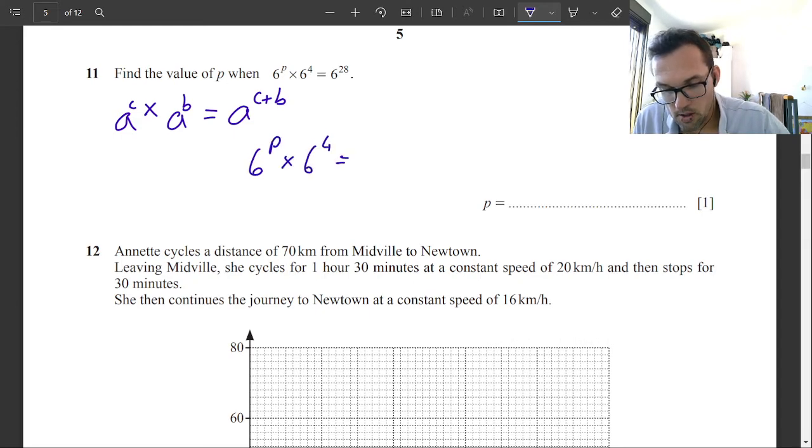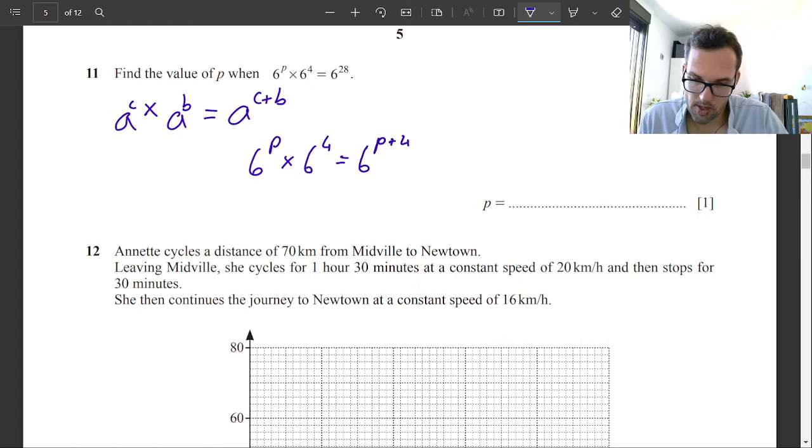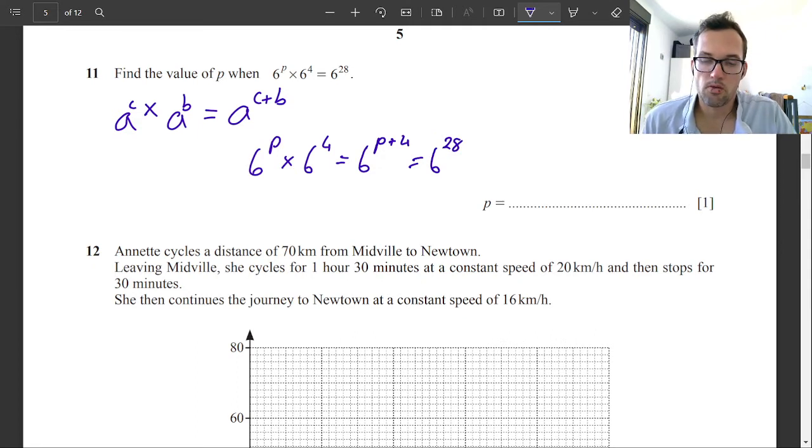That means to find that, we're going to have to do P plus 4. Well, that is equal to 28. So what do we add to 4 to get to 28? The answer, of course, 24. 24 plus 4 gives us 28.